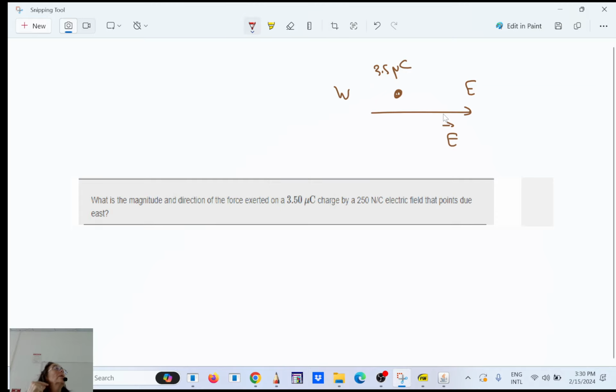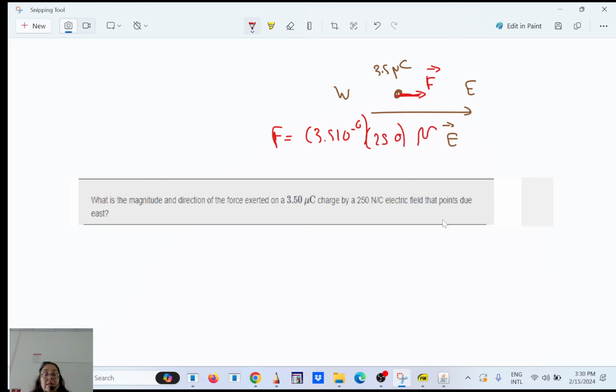It's a positive charge. Does it want to go with or against? With. So the force will be east. So F will be Q times 250, and the unit will be Newton. Okay, we are almost done.